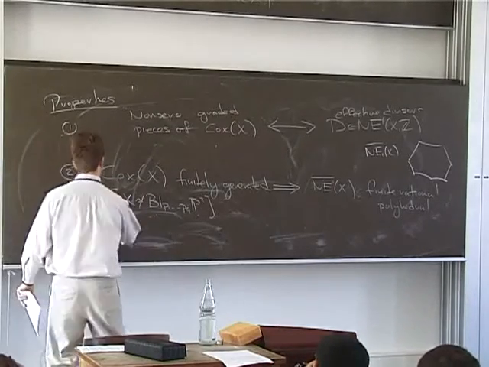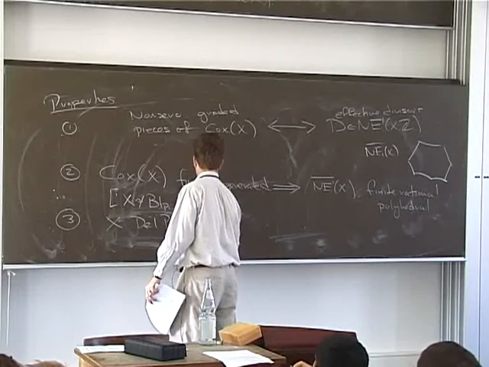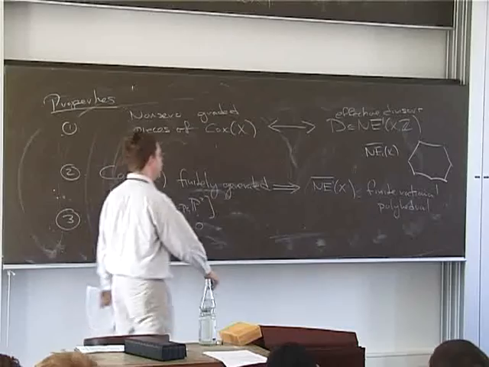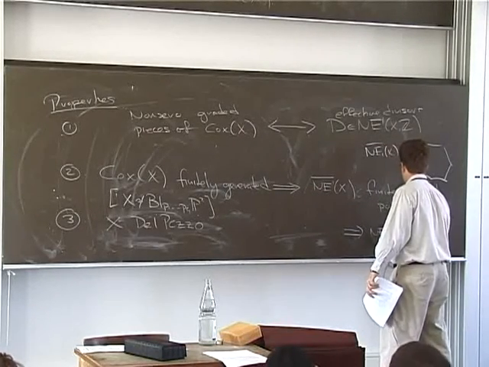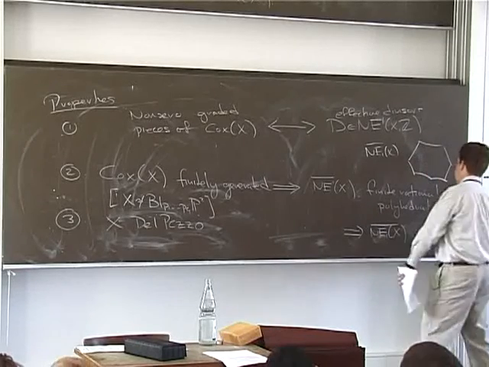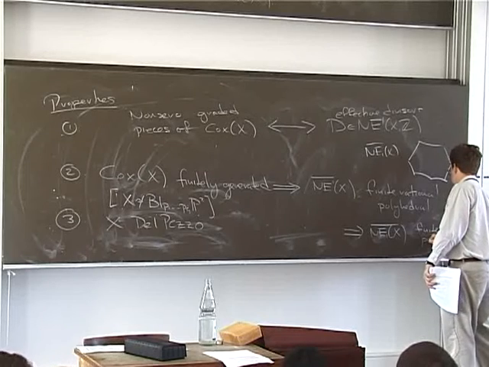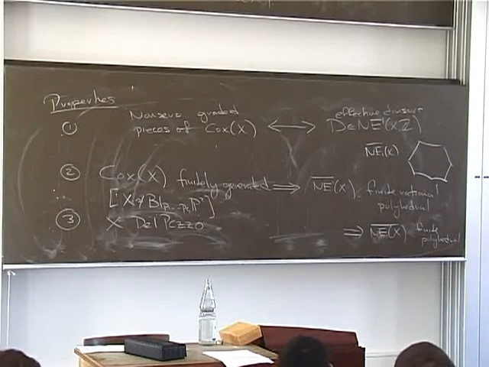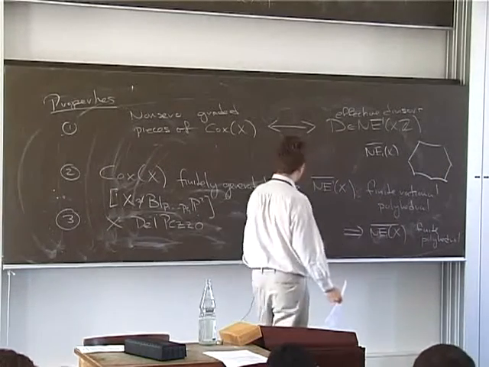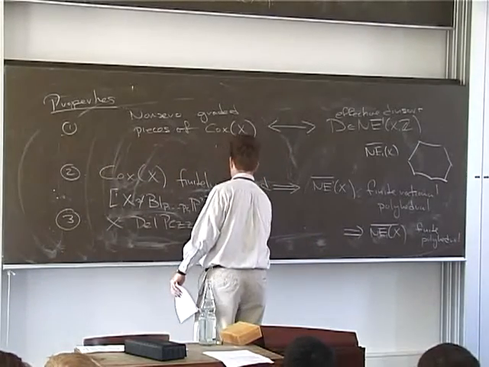The good news is that if X is del Pezzo, well, let's think about this. We know that if X is del Pezzo, then from our discussion of the cone theorem, we know that this is finitely generated. And in light of the previous thing, it's natural to ask whether this implication factors through the stronger implication that the Cox ring is finitely generated. And it does.